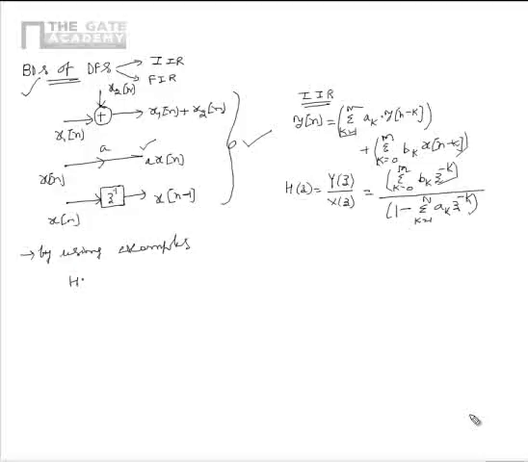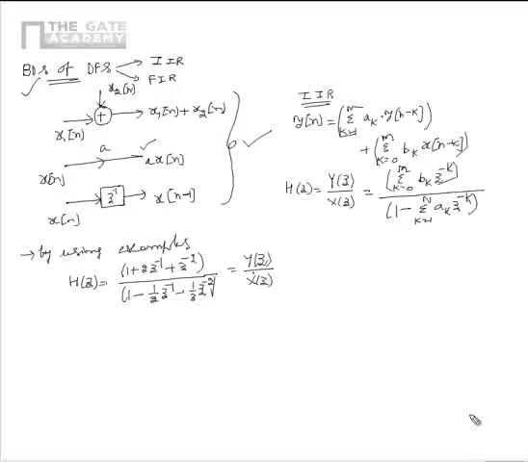Let us consider a system function which is given as H of z is equal to 1 plus 2z inverse plus z power minus 2 divided by 1 minus 1 by 2 z inverse minus 1 by 3 z power minus 2. This is equal to Y of z divided by X of z.